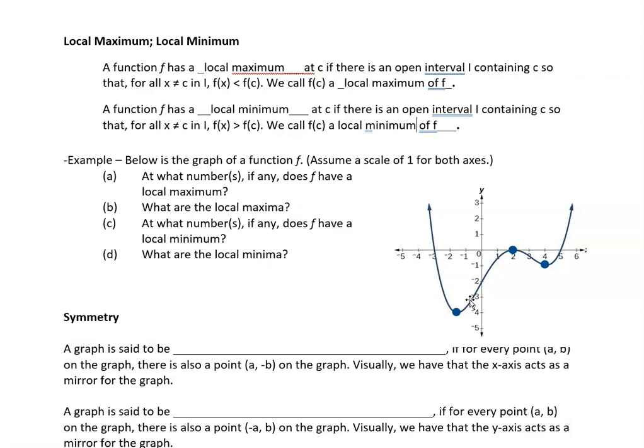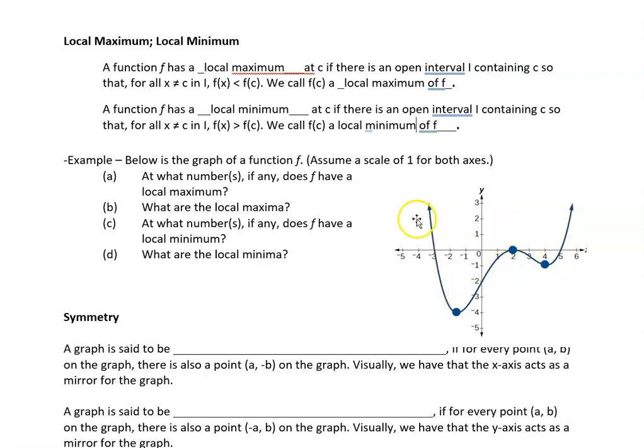Now, there's a key to keeping up with some terminology when working with local maximums and minimums, and that is that the x value always tells where the local max or min occurs, and the y value actually gives us the local maxima or minima.